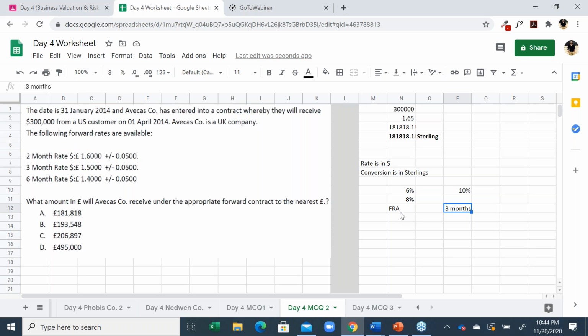This is called a forward rate agreement, in which the bank will fix the interest rate for any loan that I'm going to have after some time in the future. Asad, is that okay?